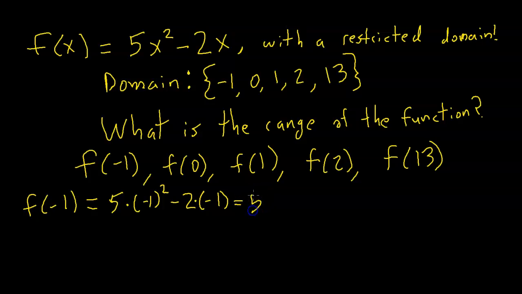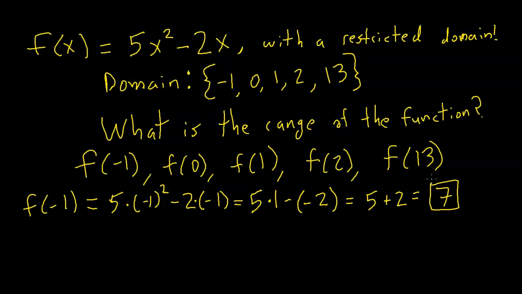So our first term is going to be 5 times 1, minus, what is 2 times -1? 2 times -1 is -2, so this is going to be minus -2. Let's keep simplifying. 5 times 1 is 5. Minus -2, remember subtracting a negative is like addition. So minus -2 is like plus 2, and 5 plus 2 is 7. So we found one member of the range.